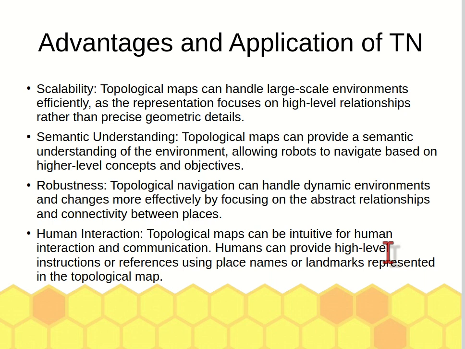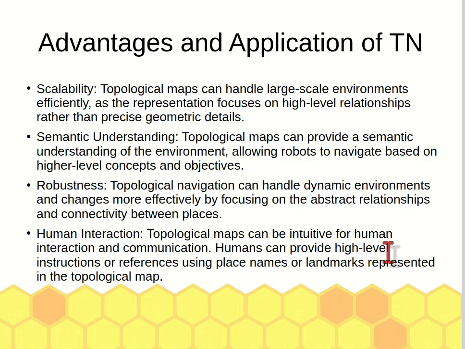It is more robust to handle dynamic environments. For example, as humans, we prefer topological map rather than geometrical map. For example, even in our home, for a two-story house, we know that there are two toilets upstairs, another toilet at the ground level.